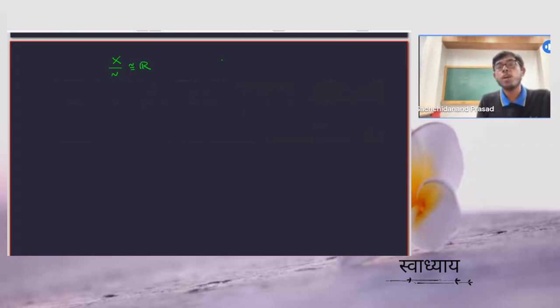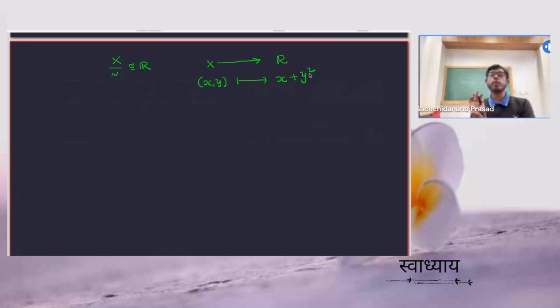So again, the same thing. I will define a map from X to R. I'll take (x, y) and send it to x plus y squared.